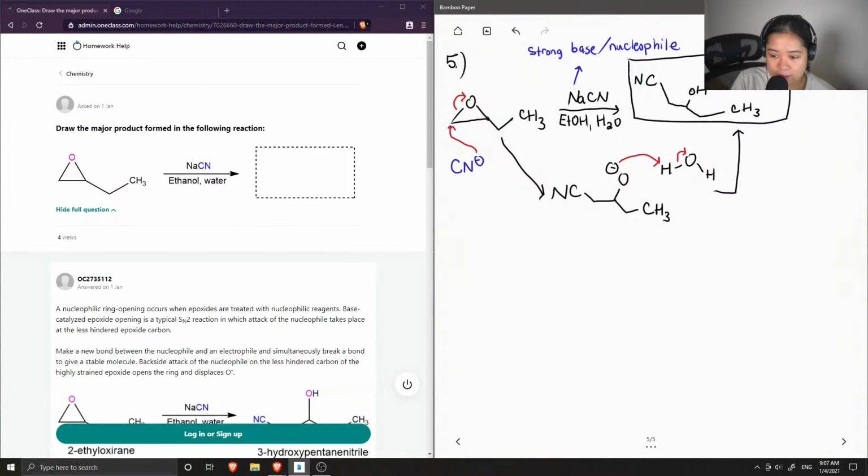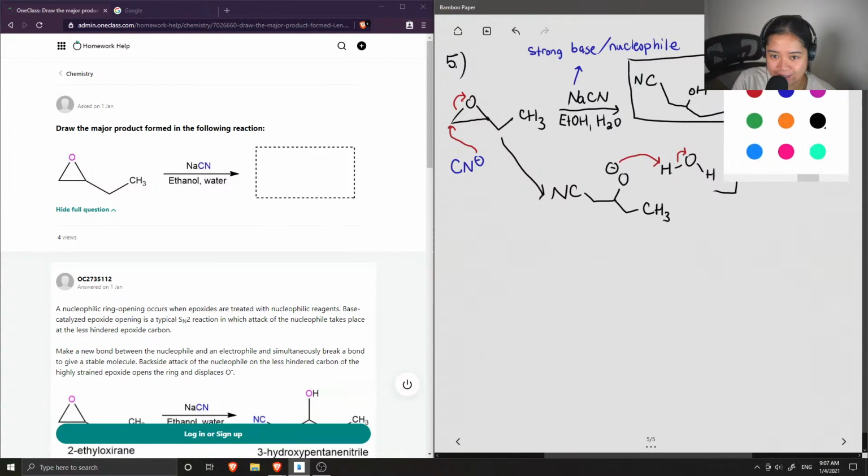Yep, so this is our final product that you can now see. And again, I'm going to number carbon 1, 2, 3, 4, and 5. On carbon 3 is an alcohol group, so we're going to signify it as 3-hydroxy.